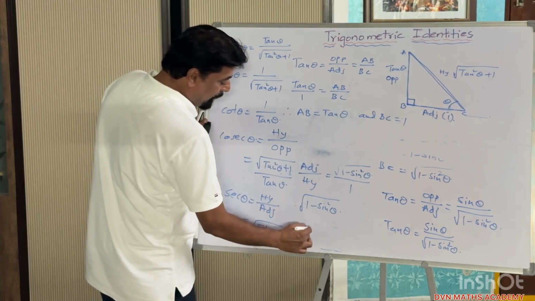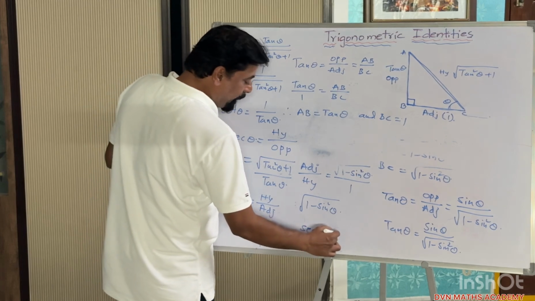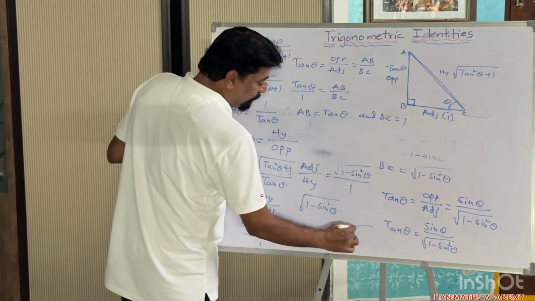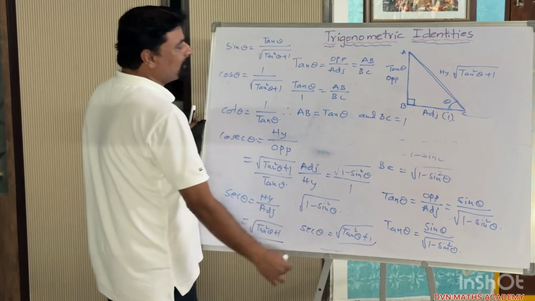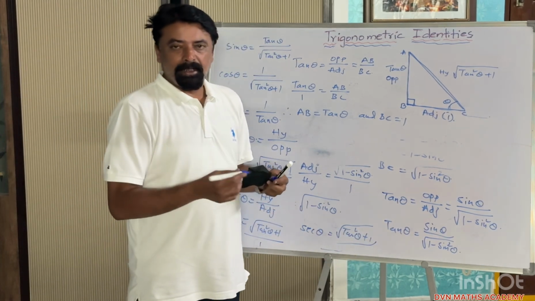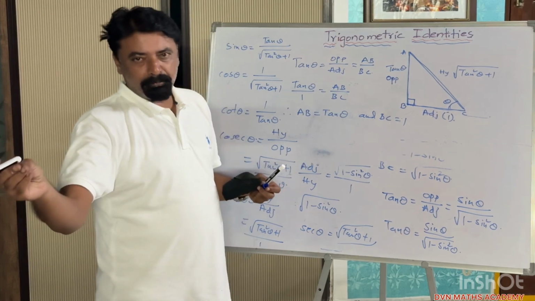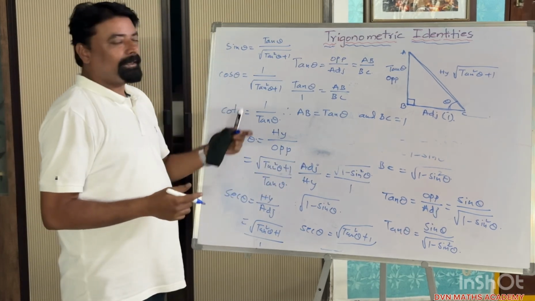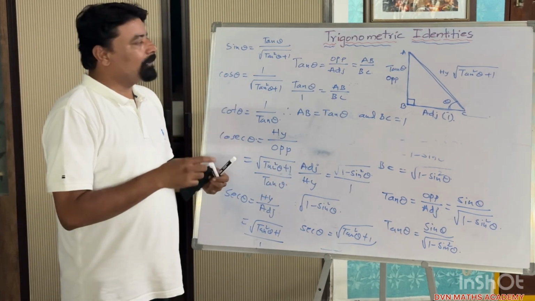So sec theta is under root of tan square theta plus 1, which is our identity only. Like this we can easily convert the trigonometric ratios according to the given ratio. This is one of the simplest techniques to write trigonometric ratios according to the given ratio.